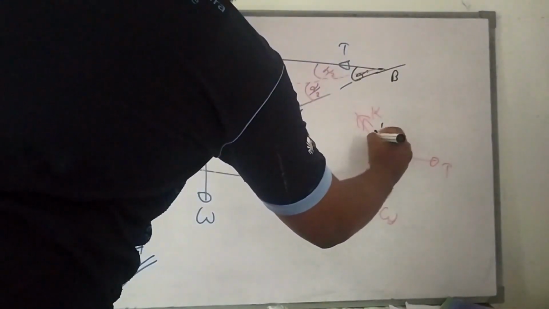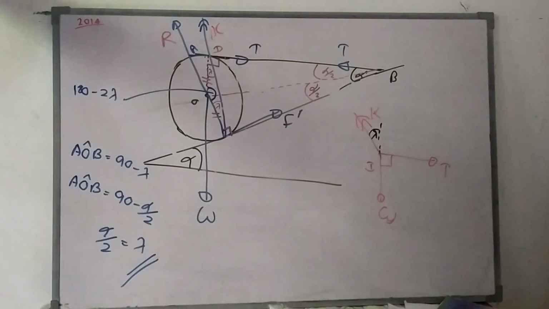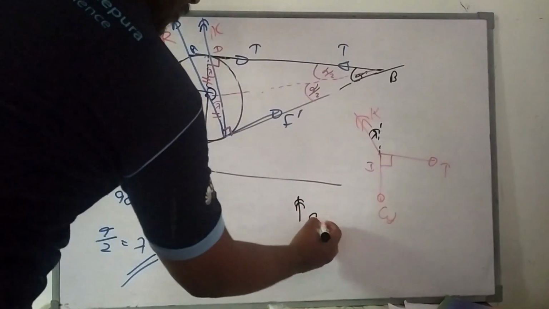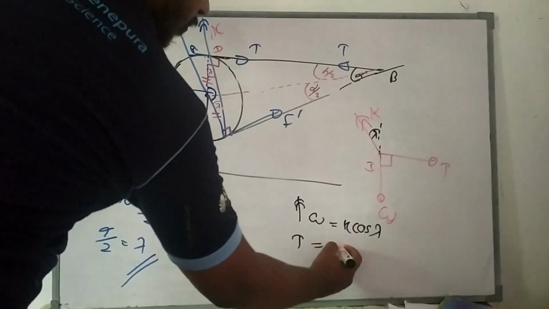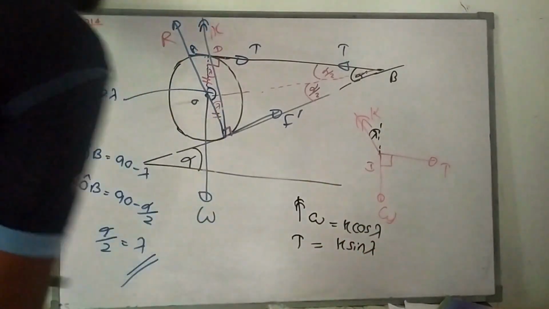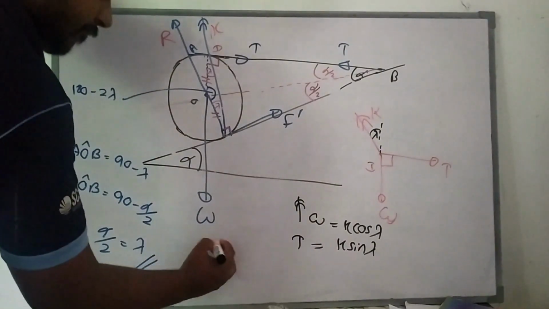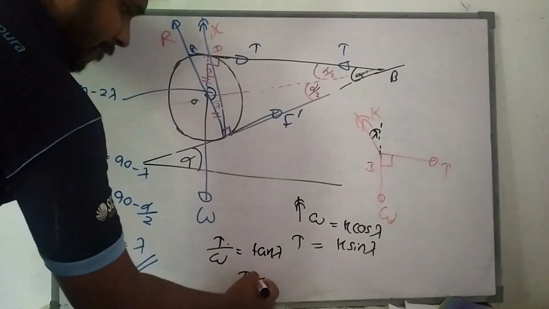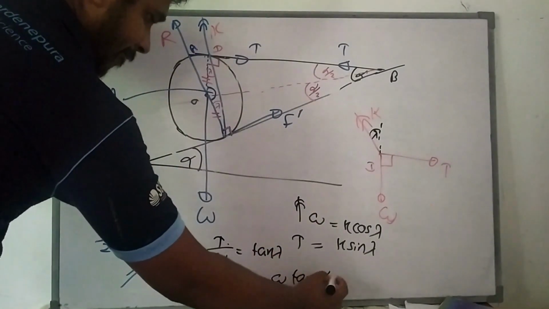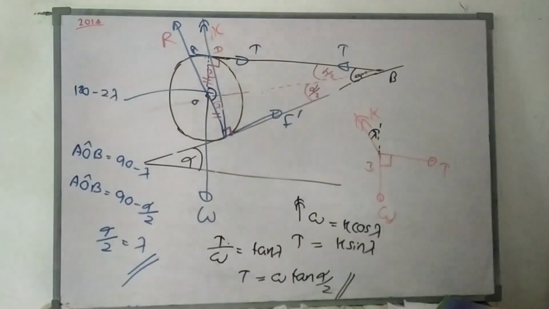So this is lambda, no? So I'm taking the x component and the y component. W equals K cos lambda. T equals K sin lambda. So I'm going to divide these two. T over W will be tan lambda. So T equals W tan alpha by 2. So this is the answer of that.